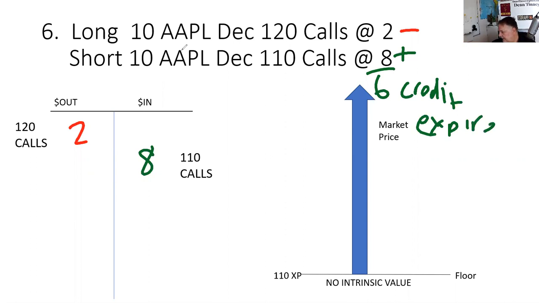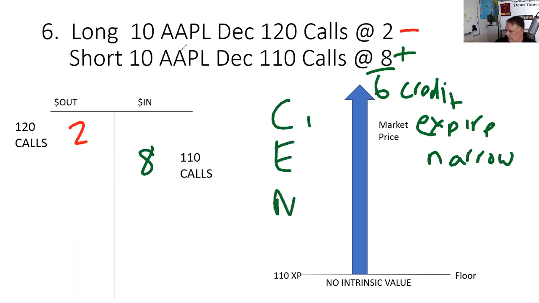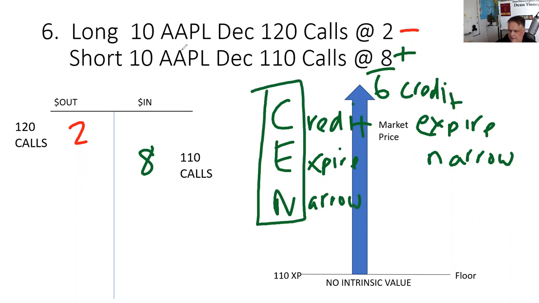Now, the hardest part to get is this idea of widen or narrow. And you don't really need to get it, because credit, expire, narrow goes together all the time. So once you get credit, if on the exam you tell me you want the contracts to expire and you want the difference in the premiums to narrow, you'd be right every time.